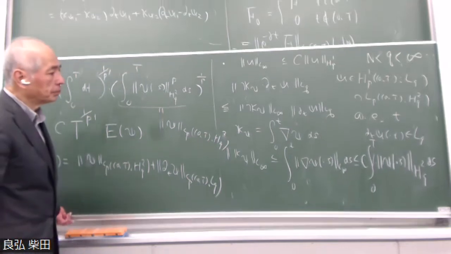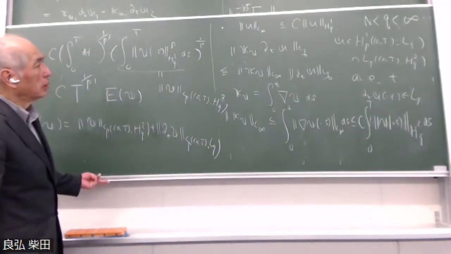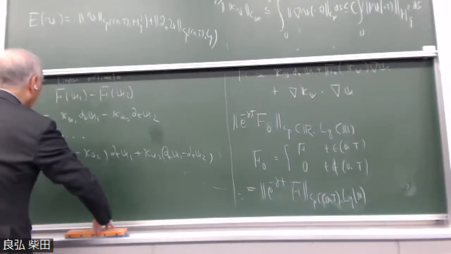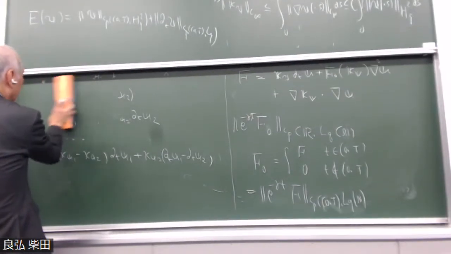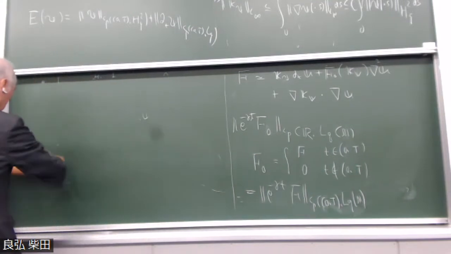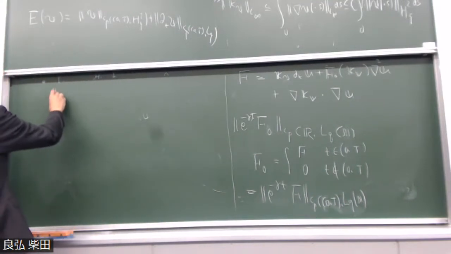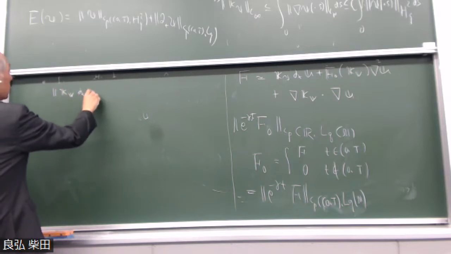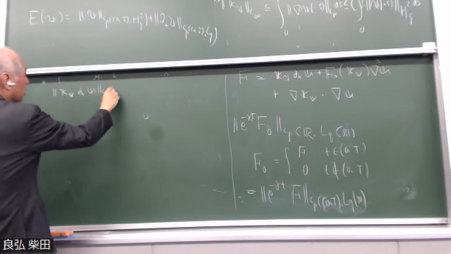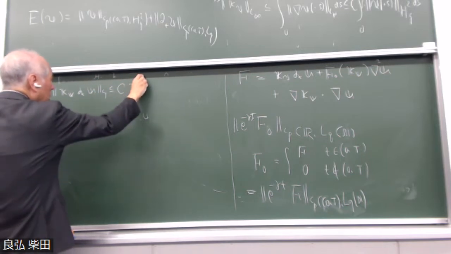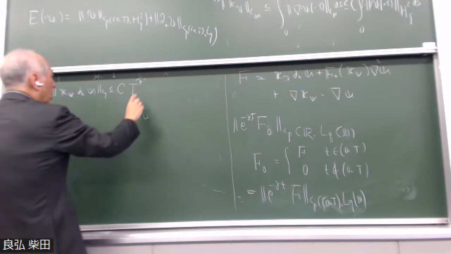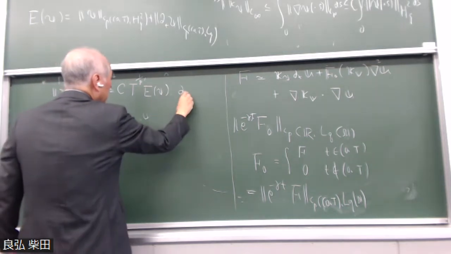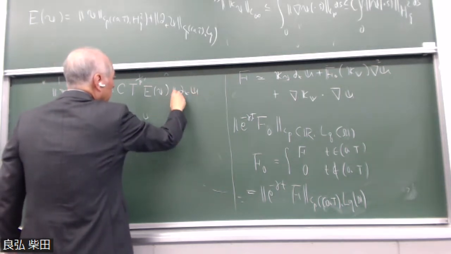So summing up, the KDU Q norm is estimated by a constant times T to the power P prime, and then the energy V plus dTU.